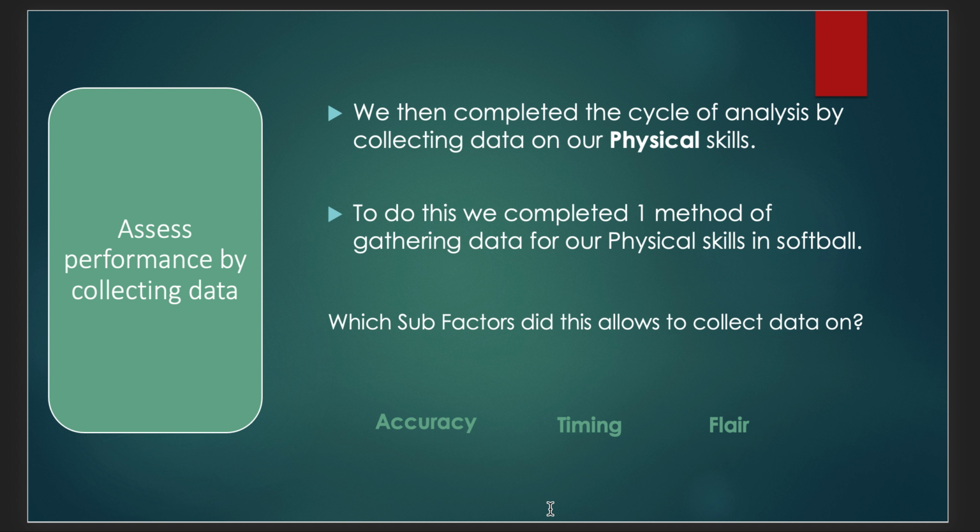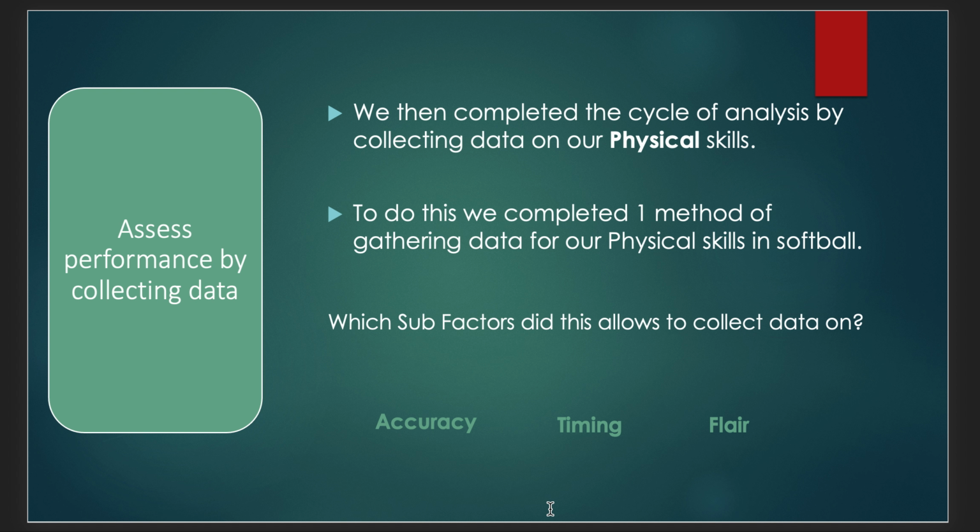Again, in our softball block, we've done the exact same thing, the very first stage of the cycle of analysis. We assessed our performance by collecting data. So we completed the cycle of analysis by collecting data on our physical skills. I hope you can remember this time we completed one method of gathering data for our physical skills in softball.